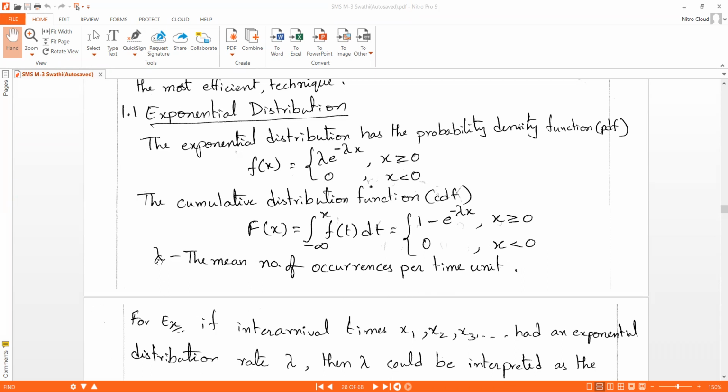Here lambda is the mean number of occurrences per time unit.